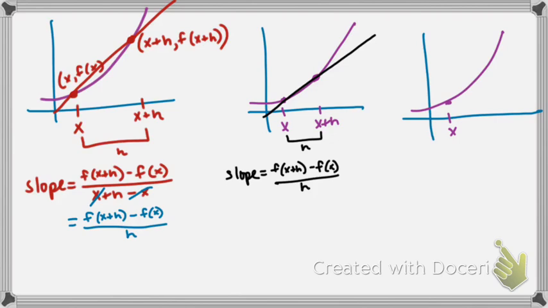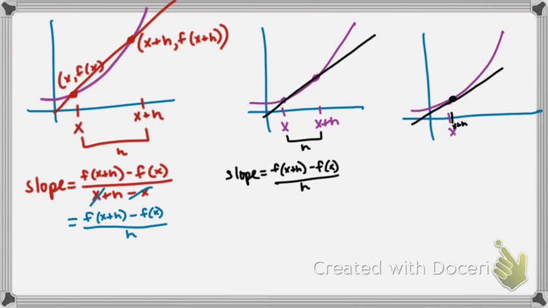Now on your third picture, I want you to put that second point almost on top of the first. I want those 2 points to almost be the same point. The line is technically still secant, but it looks tangent. So what did we really do here?